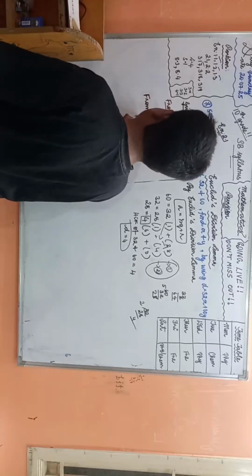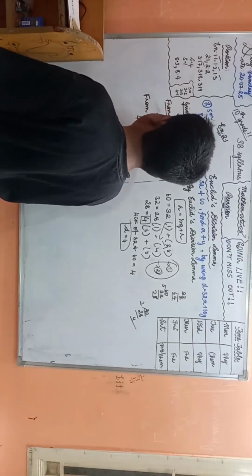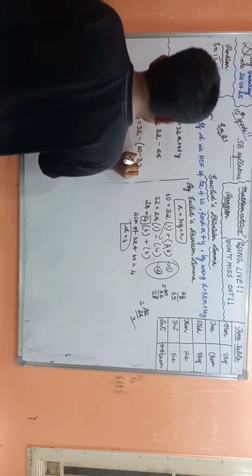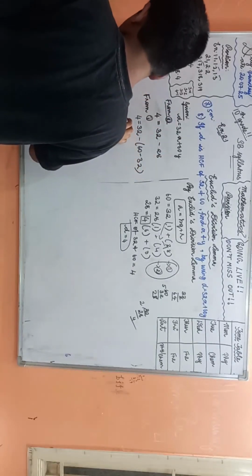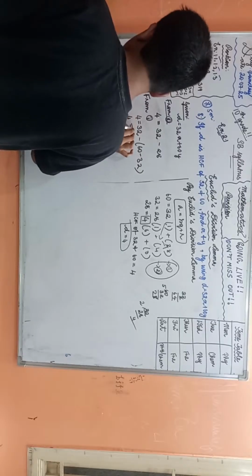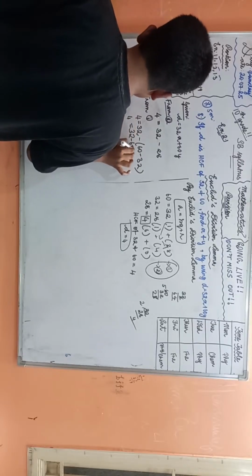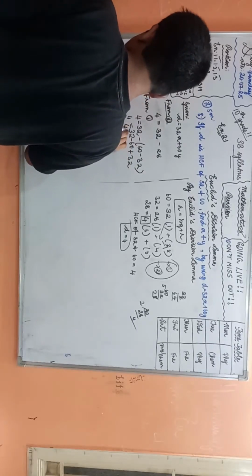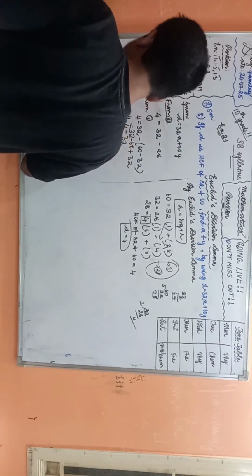And see that 4 is equal to 32 minus 60 minus 32. So you'll get 4 is equal to 32 minus 60 plus 32. You'll get 4 is equal to 32.